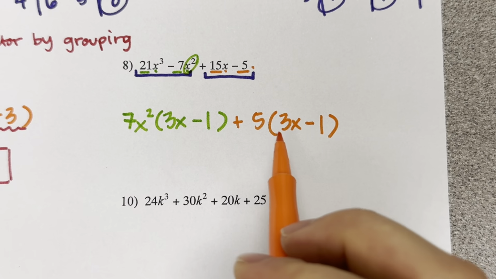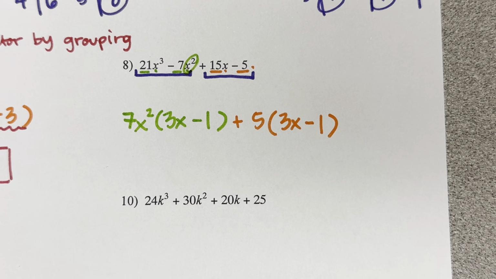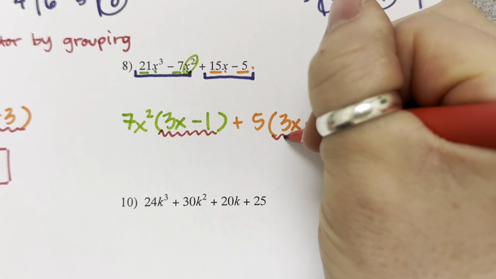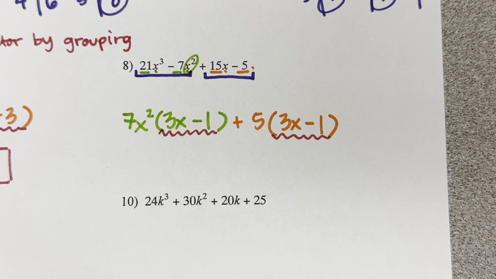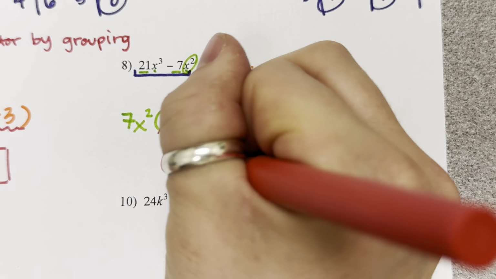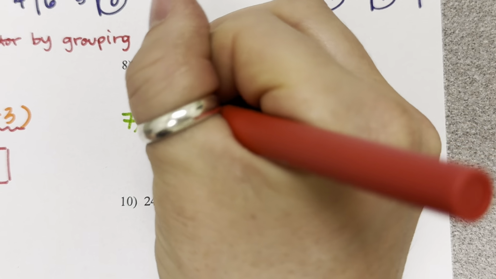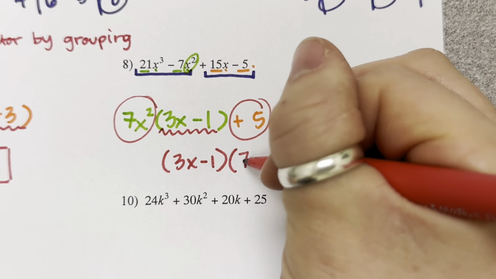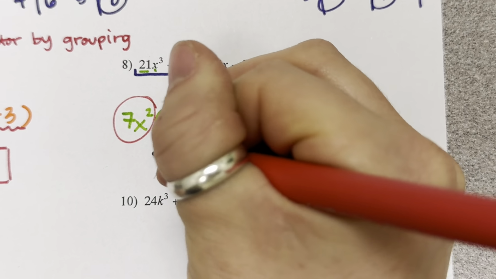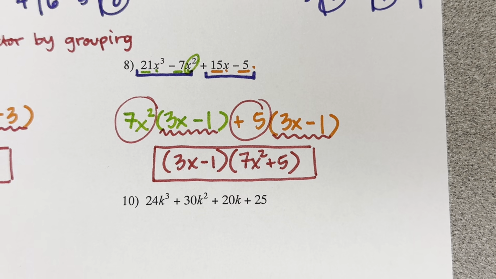And there we see, because we're not fully factored yet, that 2 of our pieces are exactly the same: 3x minus 1 and 3x minus 1. So remember, those become one factor in your final answer. The other factor is what's left on the outside: 7x squared plus 5. And now we are factored.